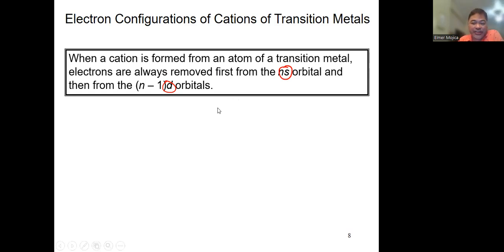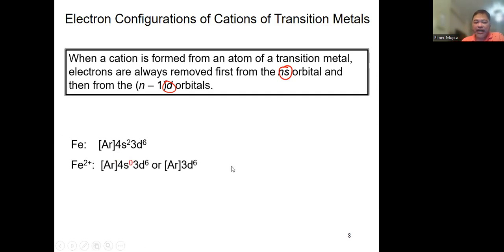The main reason is that the s and the p are the outer orbitals. So if you form an Fe2 plus, the electrons lost first are the ones in the s, and to become Fe3 plus, the additional electron comes from the d.